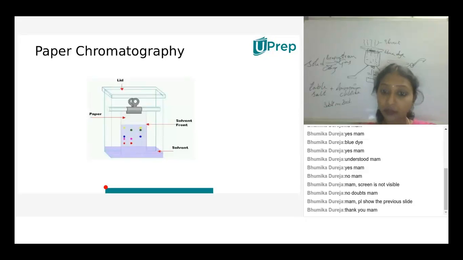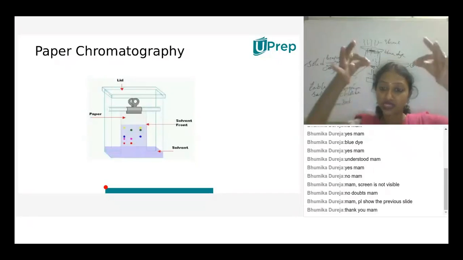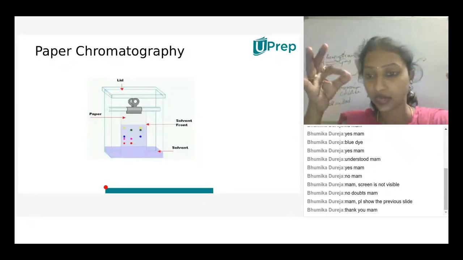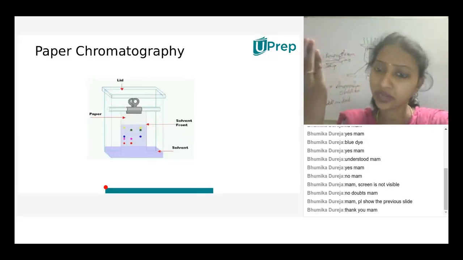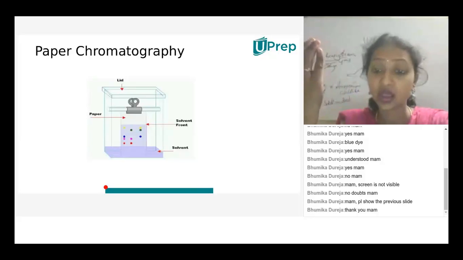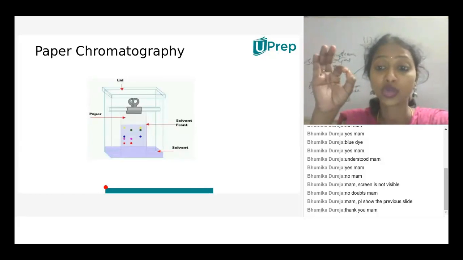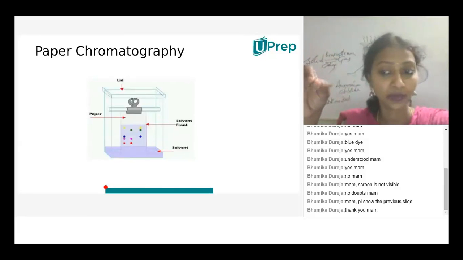Using the clamp, we hang or dip the paper containing the drops of black ink in a solvent, maybe water or any other chemical, in such a way that only the tip of the paper touches the solution, not dipping the entire thing in the water.